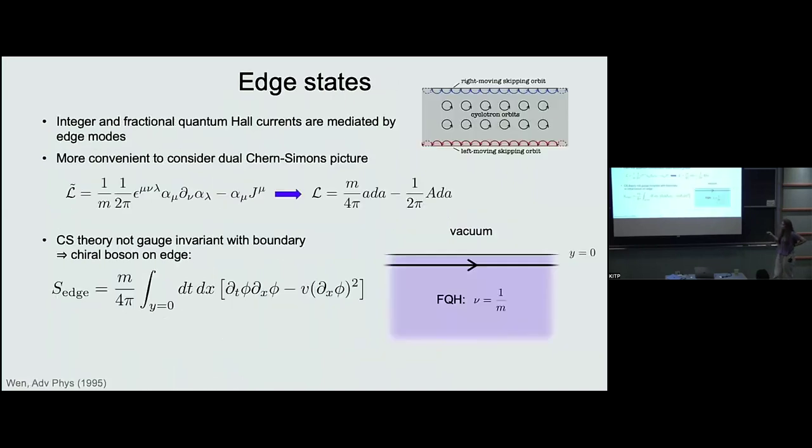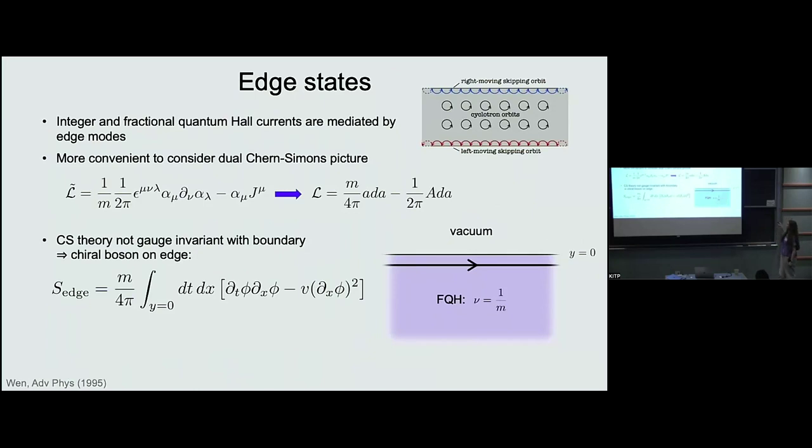But we know that actually what's happening in these fractional quantum Hall systems is that Hall conductivity is being mediated by edge transport. In the integer case, we even have a nice semi-classical picture of skipping orbits around the edge.